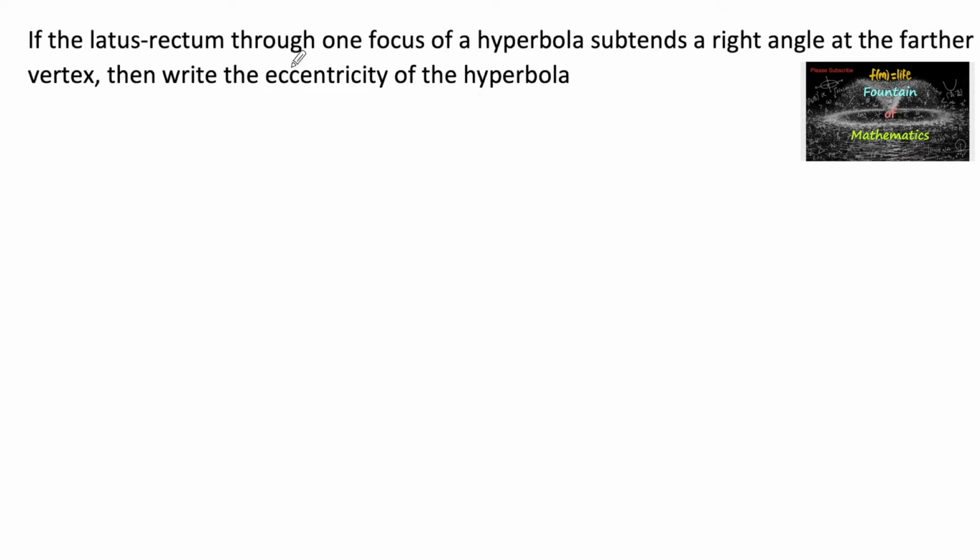If the latus rectum through one focus of a hyperbola subtends a right angle at the farther vertex, then write the eccentricity of the hyperbola. Let us consider the standard form of hyperbola: x²/a² − y²/b² = 1.